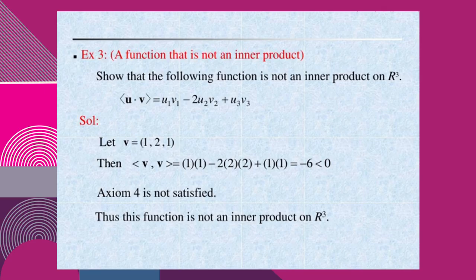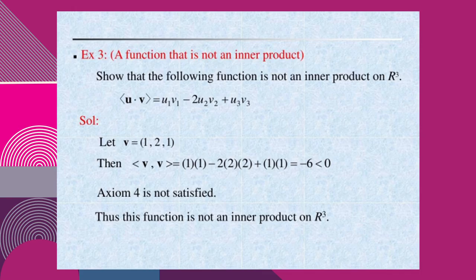Let's look at a function that is similar, but fails the test. u dot v equals u1 v1 minus 2 times u2 v2 plus u3 v3. Notice the negative sign in front of the middle term.